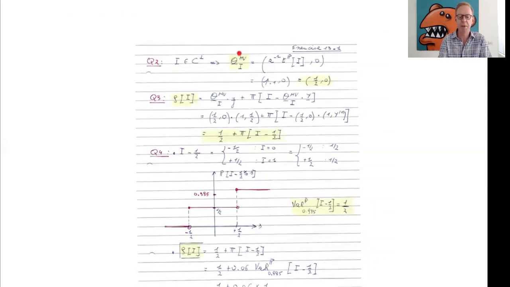That means that the mean variance hedge of I is an investment in zero coupon bonds only, and how many zero coupon bonds do we buy? The best estimate of I. R is now equal to 0, so we have the expectation of I. And what is the expectation of I? That's the probability that the index is equal to 1, and this probability is 1/2. So that means that our mean variance hedge of I consists in buying 1/2 zero coupon bonds.